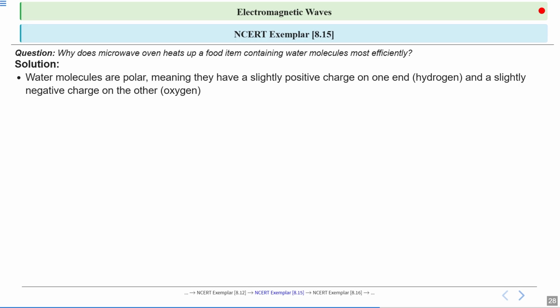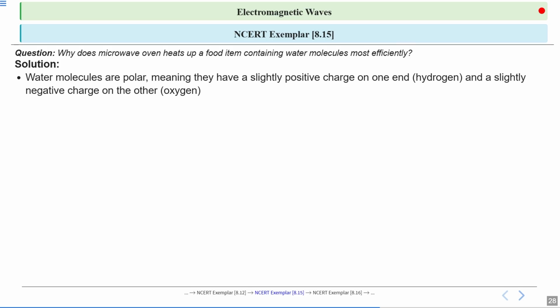So water molecules are polar, meaning they have a slightly positive charge on the hydrogen end. What are polar molecules? Those that have a permanent dipole moment, meaning the center of mass of negative charge doesn't coincide with the center of mass of positive charge. So there is a partial negative charge and a partial positive charge on the same molecule.